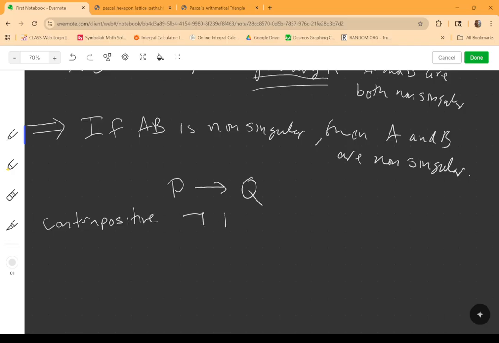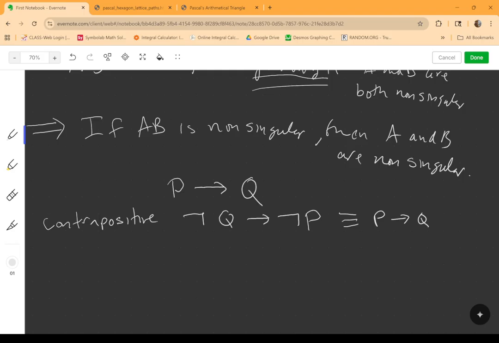We negate the conclusion, and that implies the negation of P. These two are equivalent, so if I prove either one of those, it's equivalent to proving the other. So if I have P implies Q, I'm actually going to prove not Q implies not P.